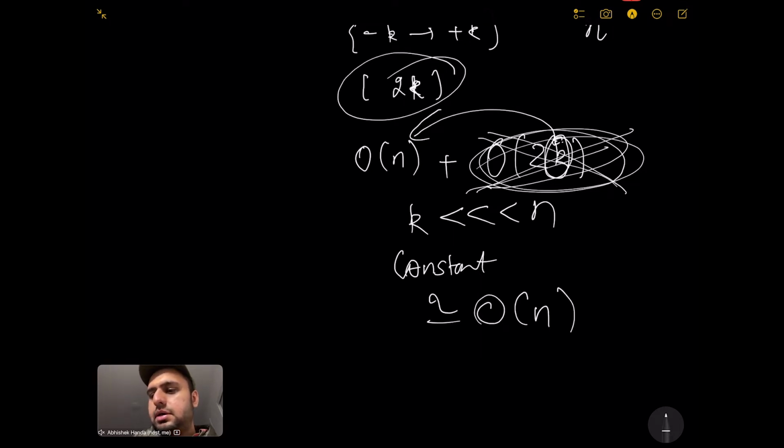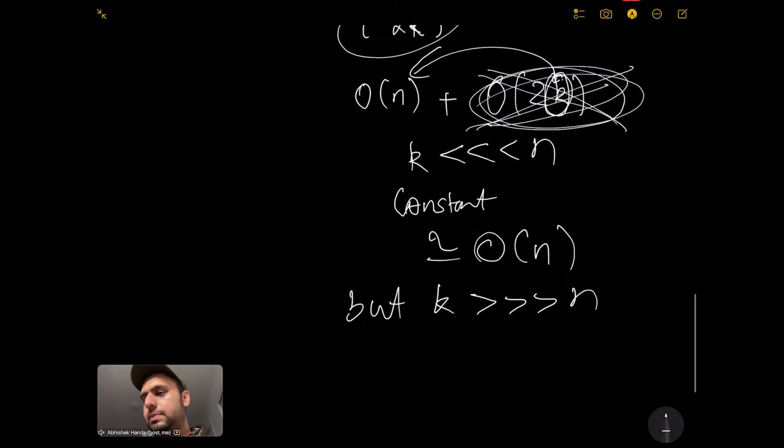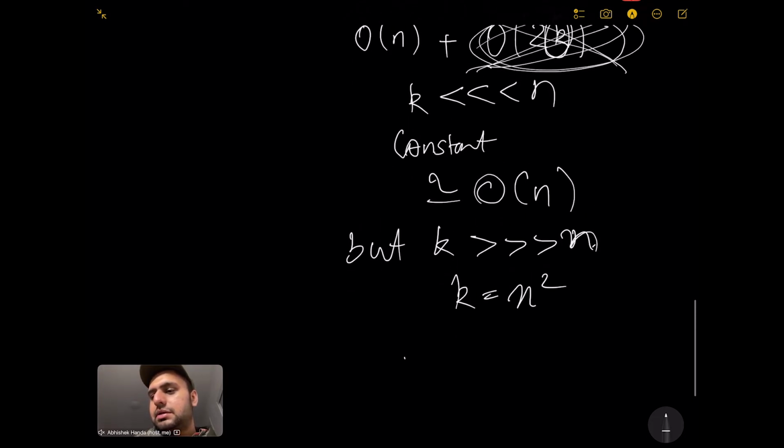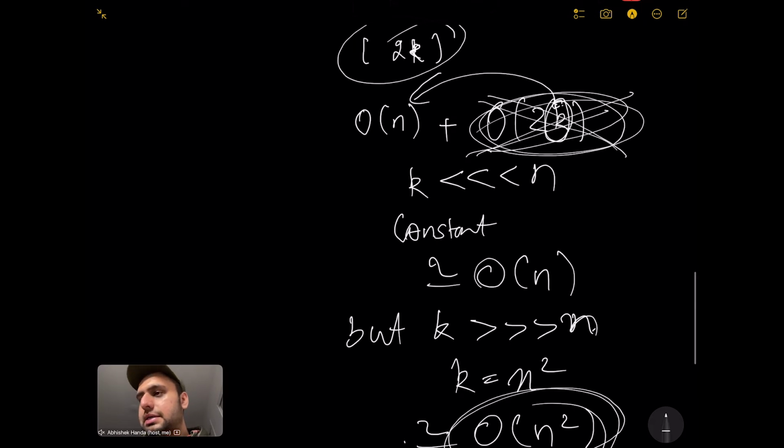But if k is far greater than n, let's say k is n square, then the time complexity will become roughly order of n square, right? So clearly this approach will work only in case k is far less than n.